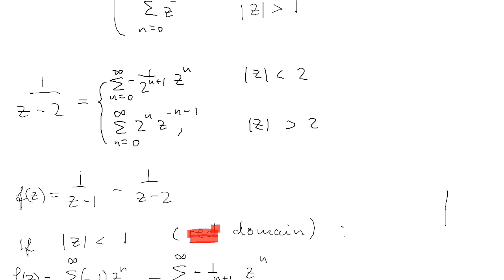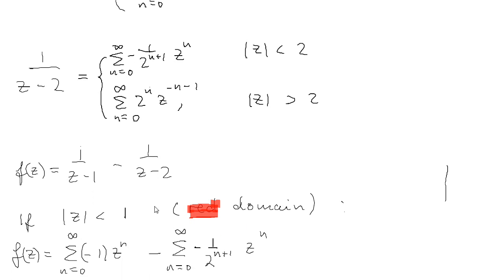So how can we now find the Laurent series of the sum of these two functions? Or in fact, it's the subtraction between these two functions that we have given the Laurent series for.